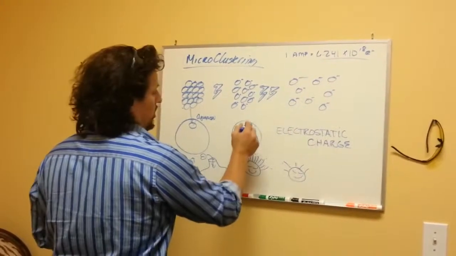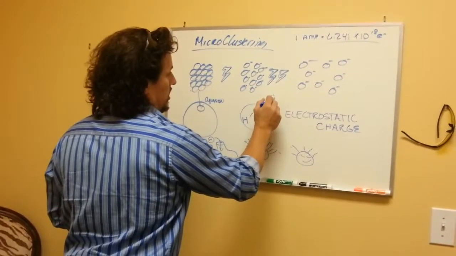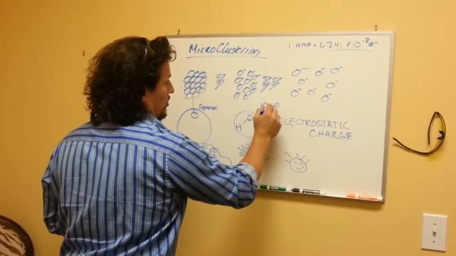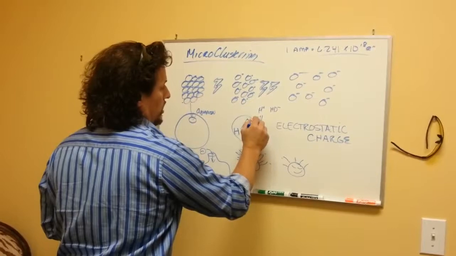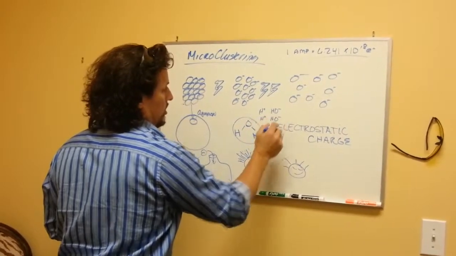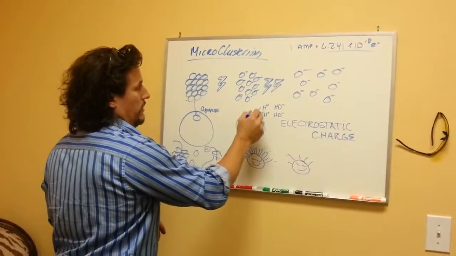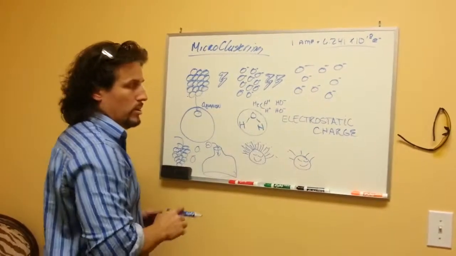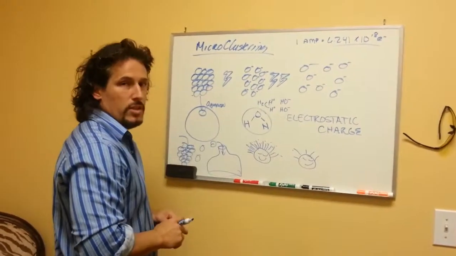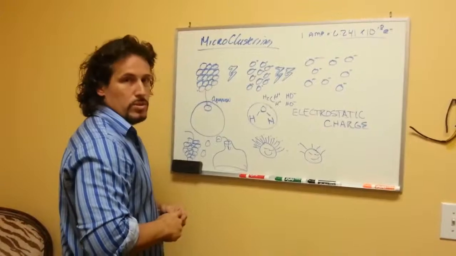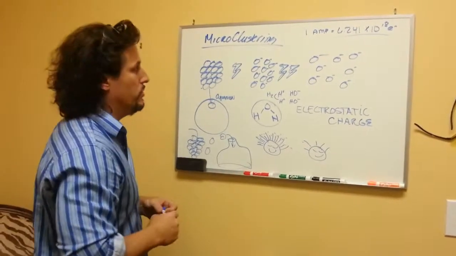And when these things break apart, you actually get hydrogen and a hydroxyl. When you break 2 of them apart, you get 2 hydroxyls with a free electron. These become the dissolved hydrogen in water, and your body actually uses hydrogen gas as an energy source to fuel many of its cellular functions.